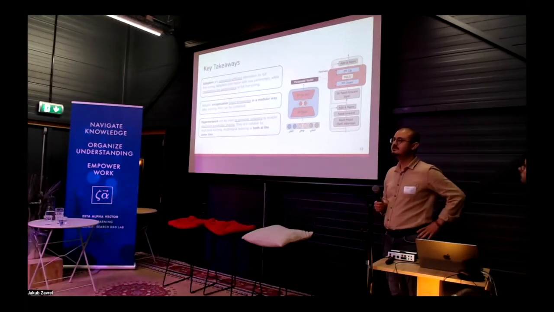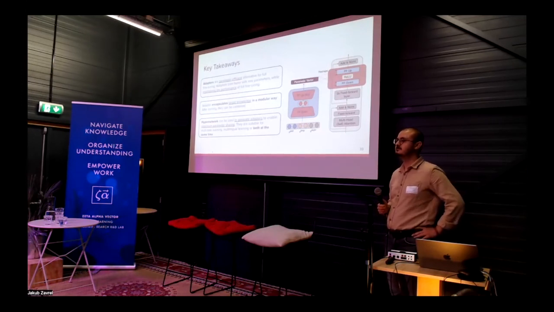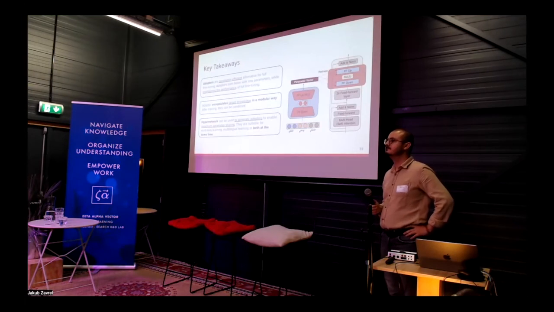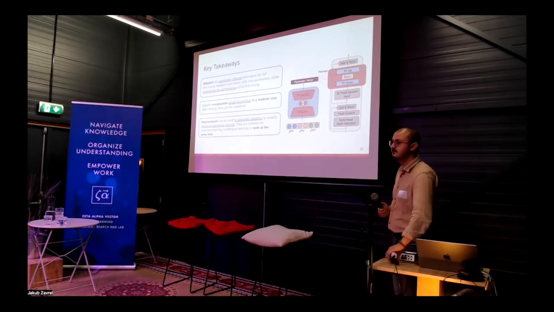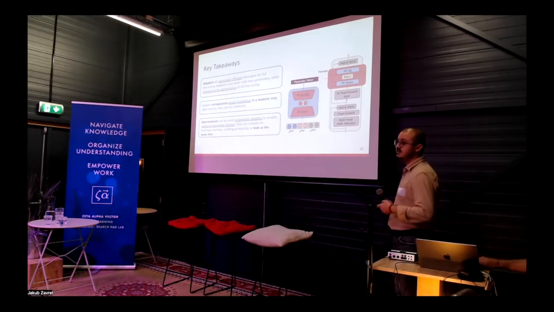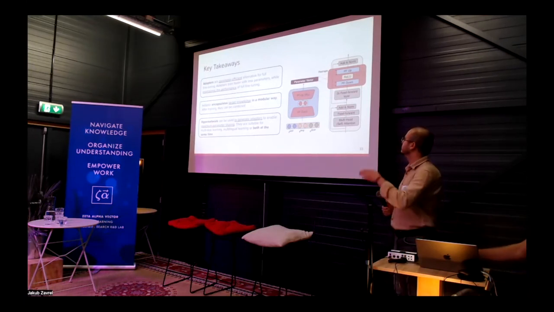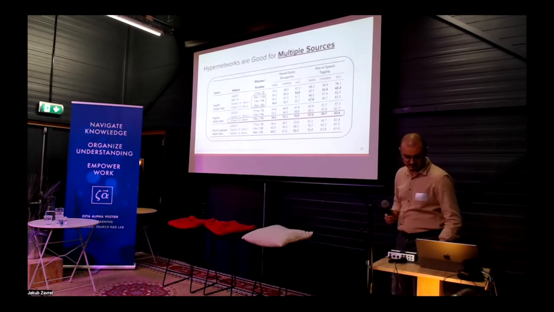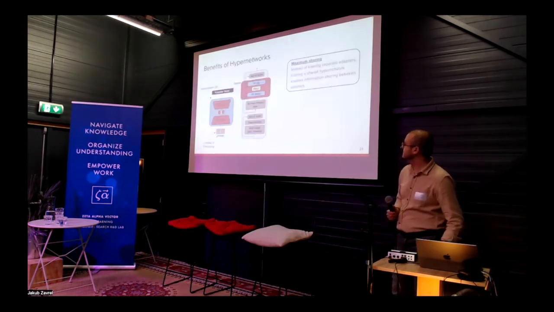Hi, thanks for the interesting talk. My question is about those auxiliary inputs. How are they generated? Is that done jointly with the training of the hypernetwork? Yeah, that's a really good question actually. Let's keep it simple.